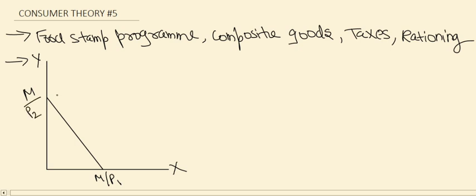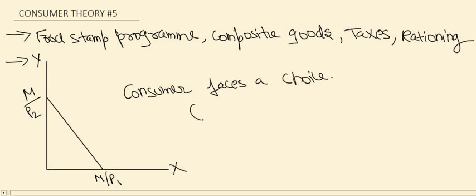Okay. Now, what we generally know is that a consumer faces a choice, and the goods among which he faces the choice are X comma Y. Now, there are two goods, but what are really composite goods?